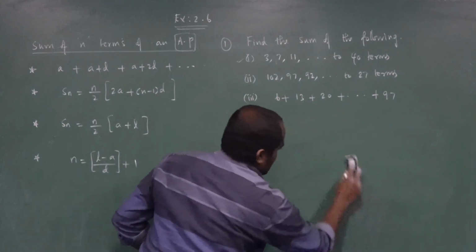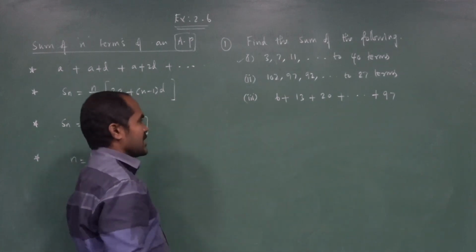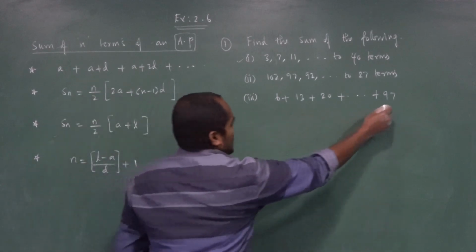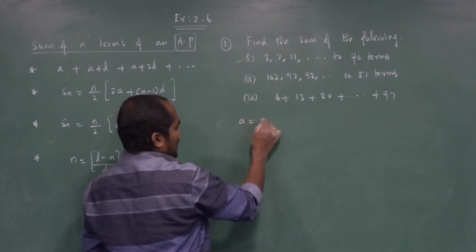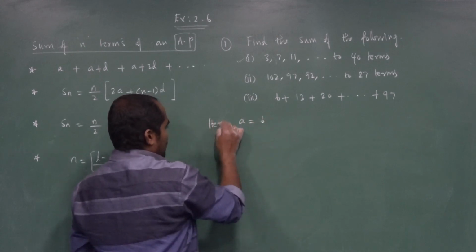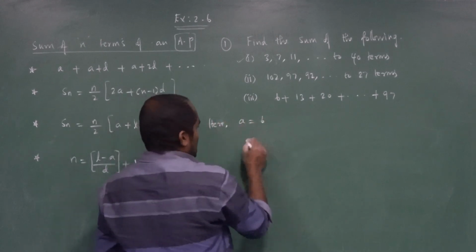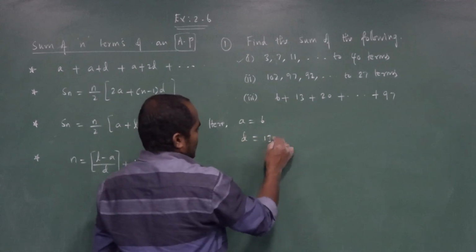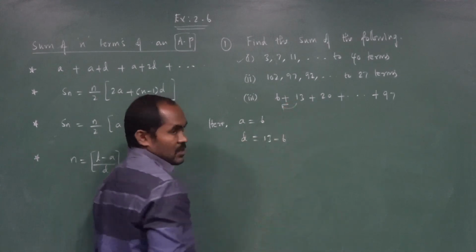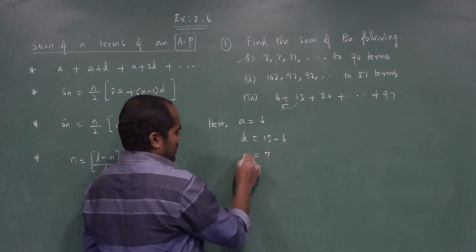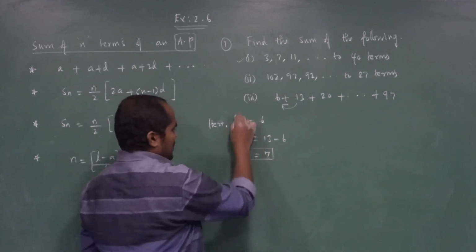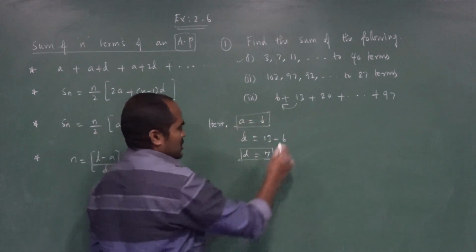So look, third question. The third question differs from the first and second because here the last term is given. So in the third sum, a is 6, first term is 6. Common difference is 13 minus 6, second minus first, so 7.